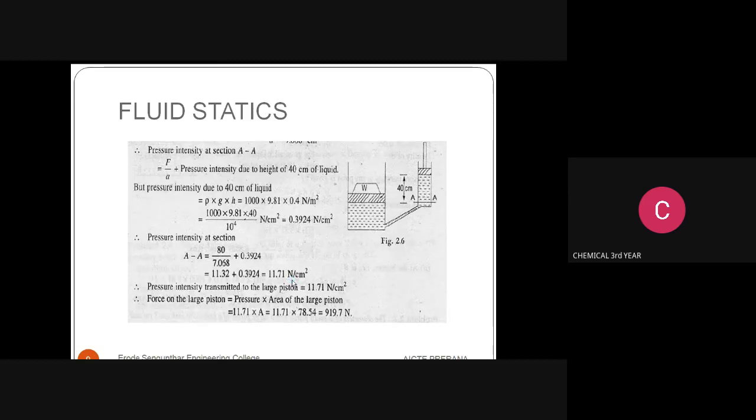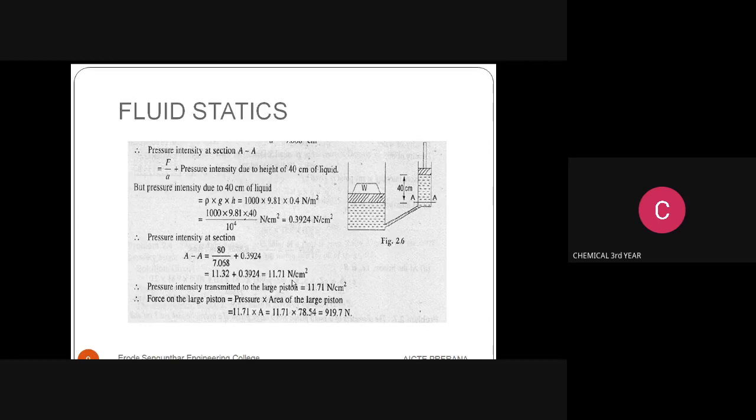So 11.71 into 78.54, that is 919.7 Newton. Right. So this is a very important type of problem which will be asked in the GATE exams.